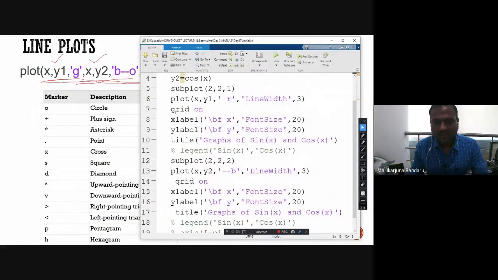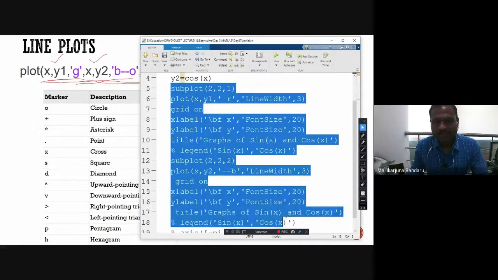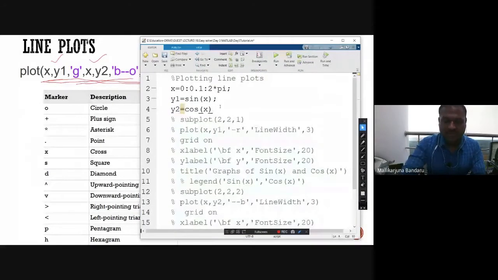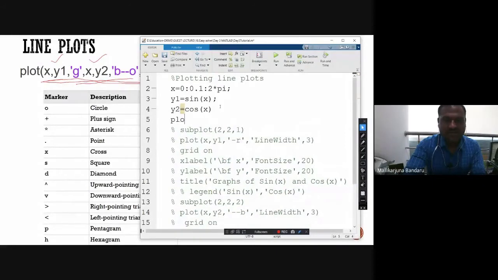Let me block this till here. I want to use a single syntax, plot x comma y1. For this, I would like to make the red color solid line. Next, x y2. Okay, and for this, I would like to give a blue color, I mean, a style also. I would like to change it.